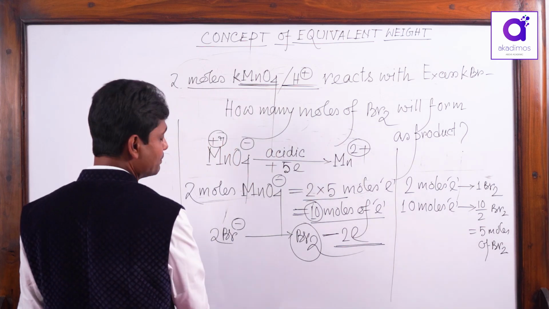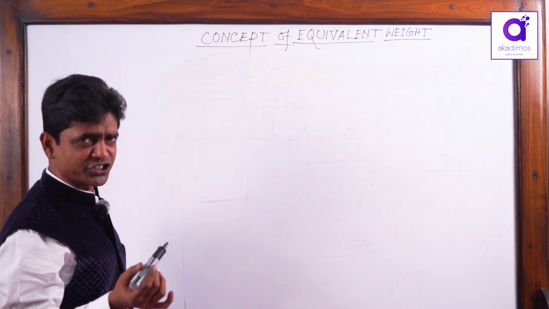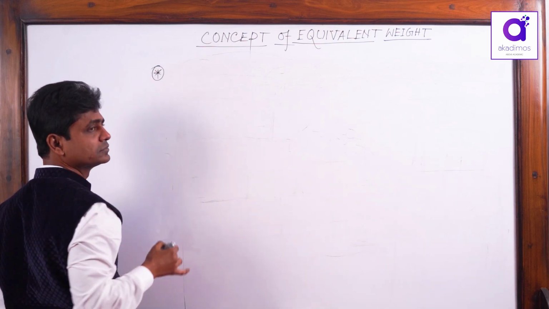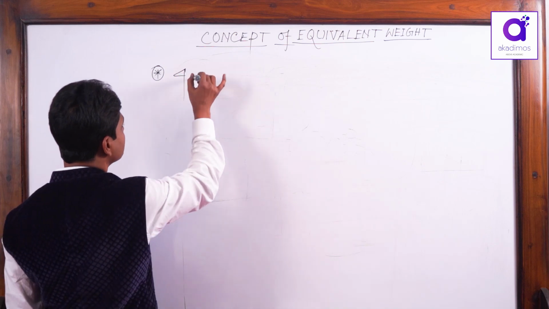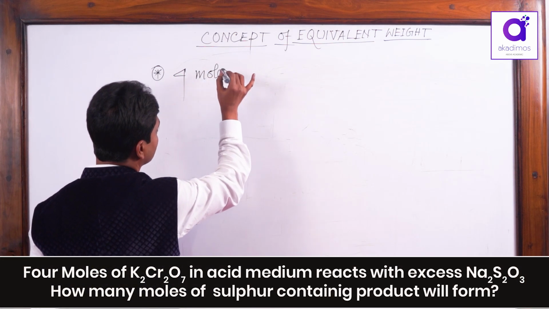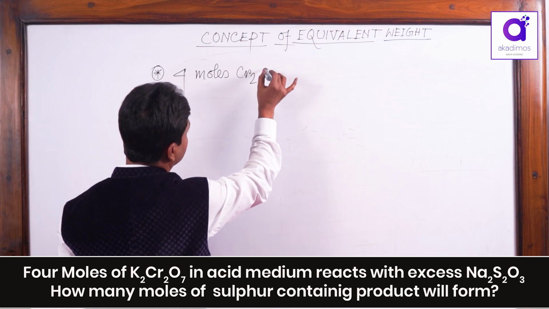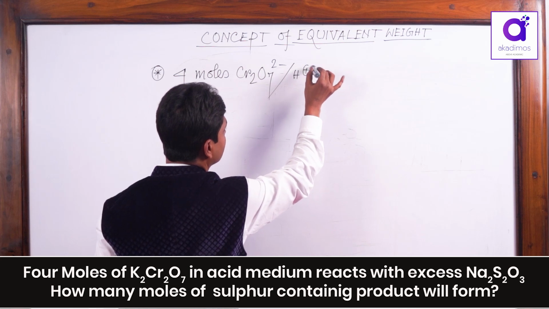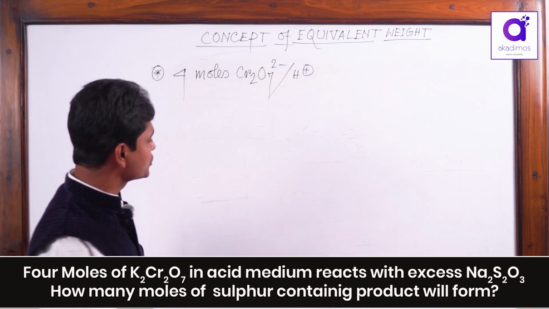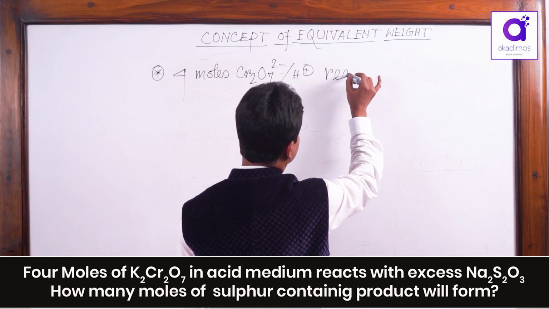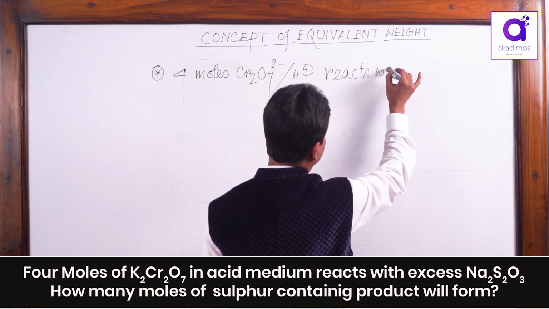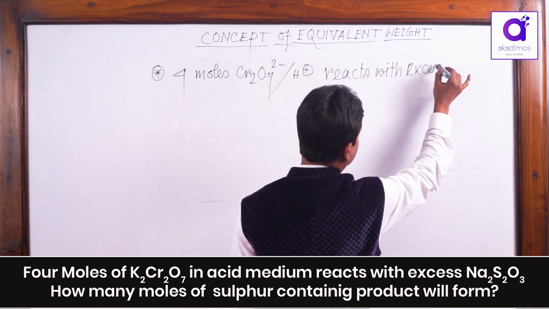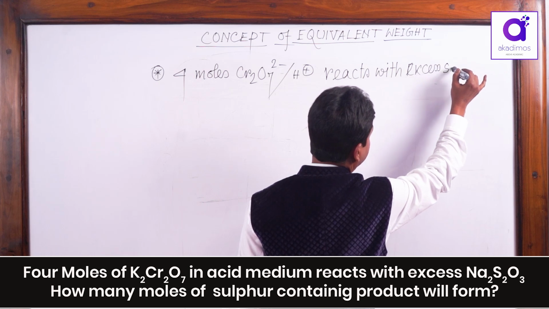I want to give another example. I am not going into concentration or molarity numerics. Another example: there are 4 moles of dichromate given in acid medium, with thiosulfate.